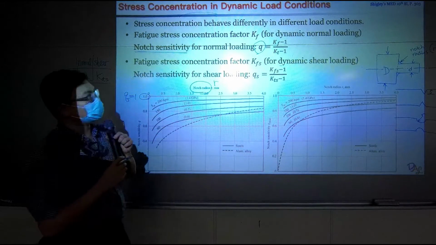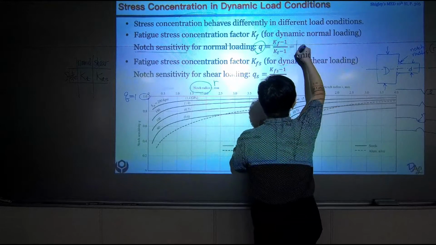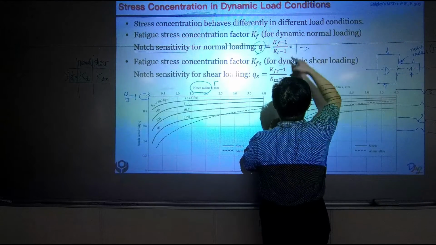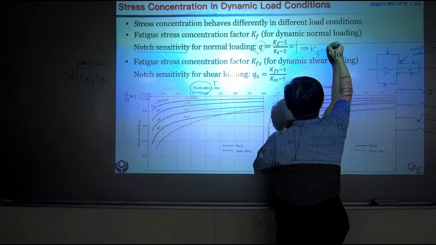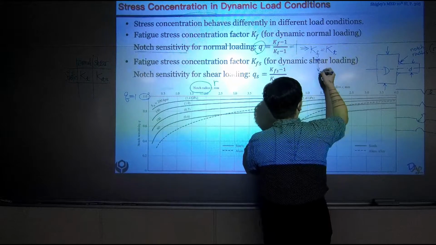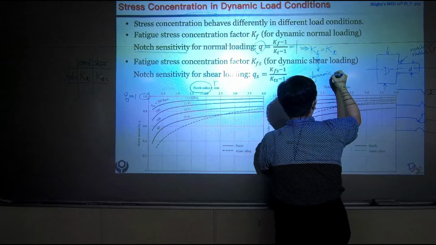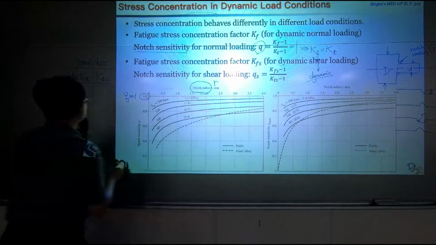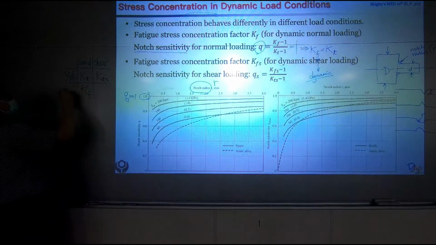What does Q equals 1 mean? When Q equals 1, that means this equals 1. So I will have something called Kf that will equal Kt. So what is F? F is going to represent dynamic loading. Okay? So in fact, here is Kf. And this is about dynamic loading.